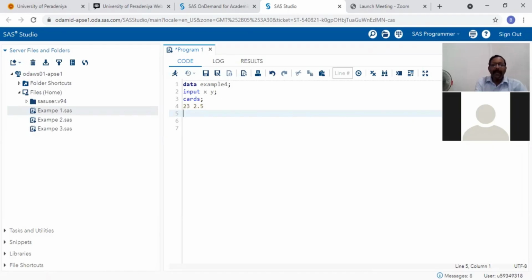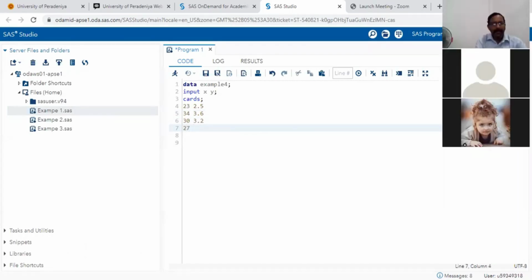Right, now I have first tree, the yield is 2.5 kilogram. Second, 34 diameter, giving a yield 3.6 kilogram. Fourth one, 30, giving 3.2. 27, giving a yield 2.8.